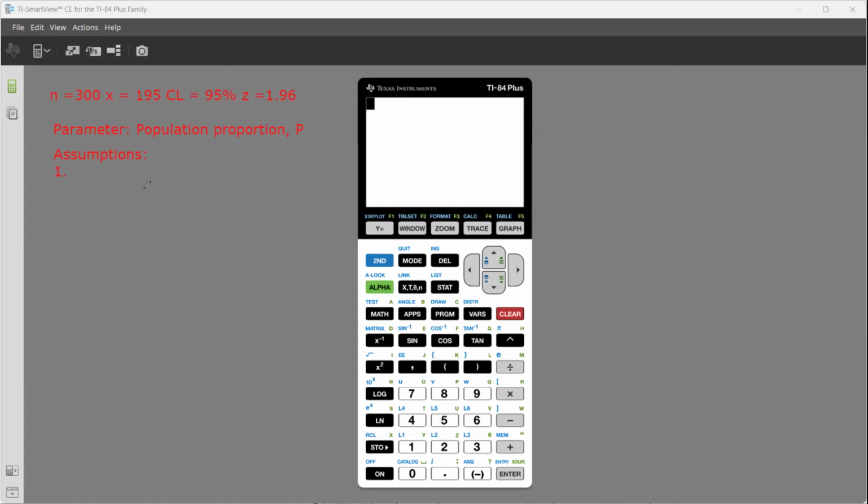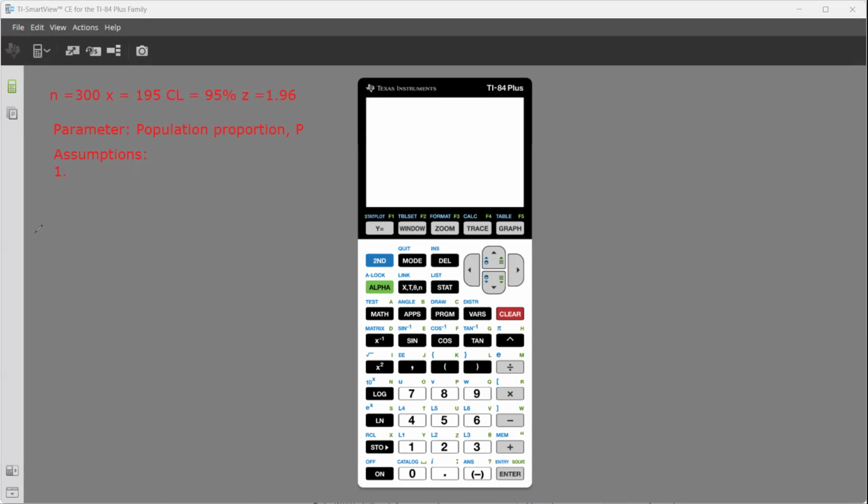So this is N times P hat is greater than or equal to 5. Okay. Actually, I take that back because I need to do something else first.